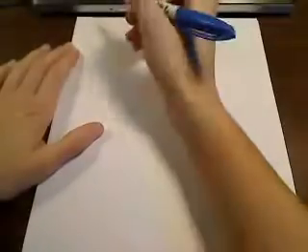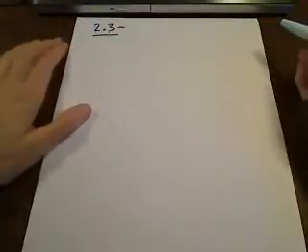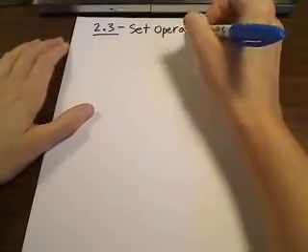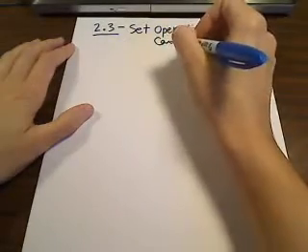All right, so this is a lecture on section 2.3, and in this section we're going to talk about set operations and Cartesian products.